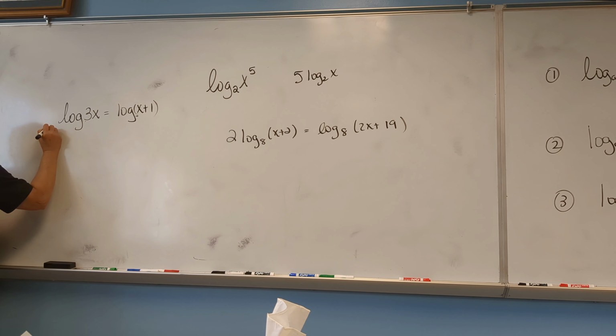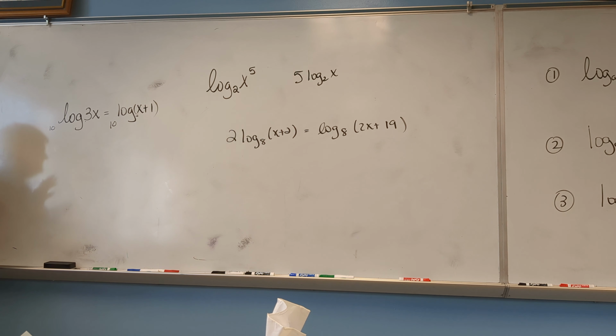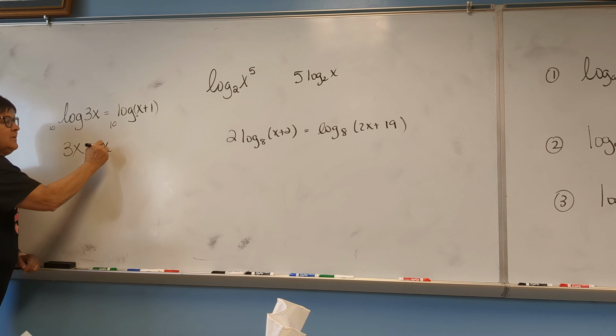I raise this to this power and this to this power, and that literally gets rid of the LOG word. I'm not changing anything because I'm doing it to both sides. If you 10 both sides, because it's LOG, it eliminates that. So what's left is 3x equals x plus 1.